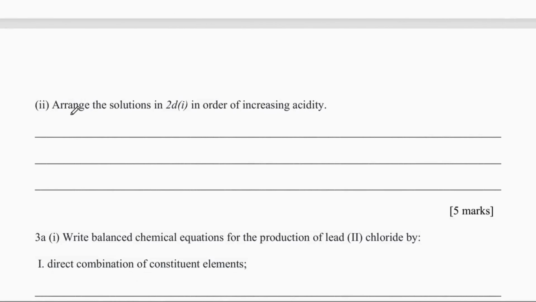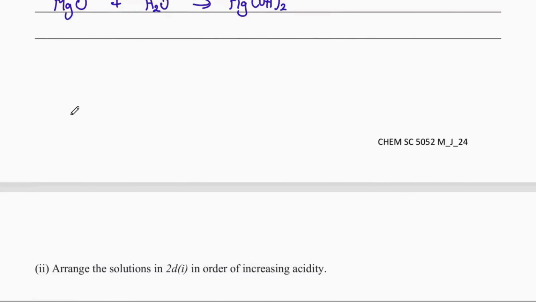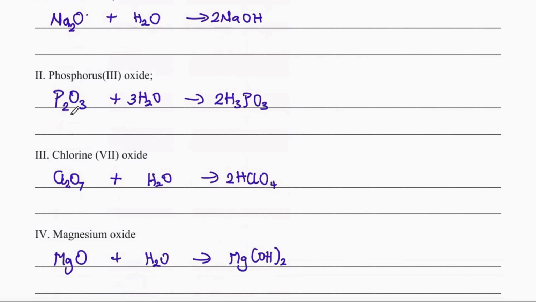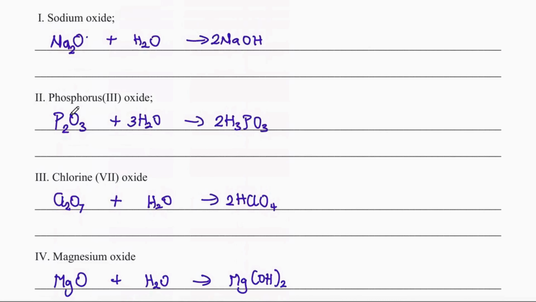Now the next question says, arrange the oxides in order of increasing acidity. We're dealing with sodium oxide, magnesium oxide, phosphorus 3 oxide and chlorine 7 oxide. Which one is least acidic and which one is more acidic?